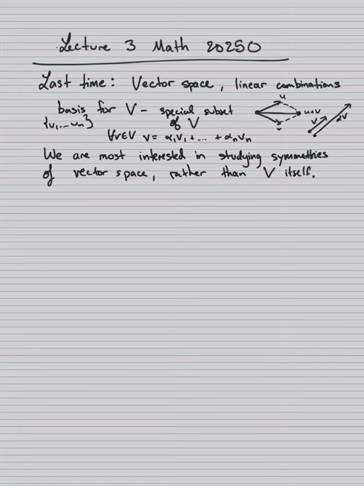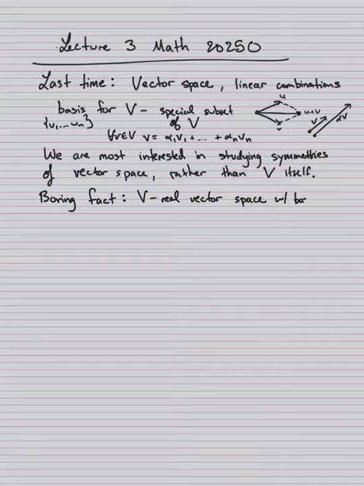Well, it turns out that in some sense, vector spaces are rather boring objects to study. Why would I say that? Well, here's a boring fact. Let's say V is a real vector space, with a distinguished basis.